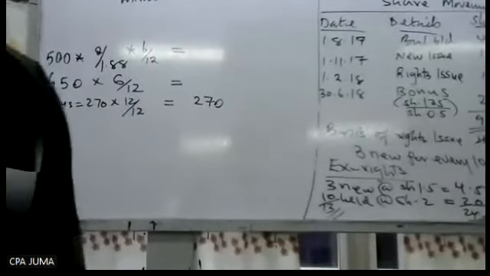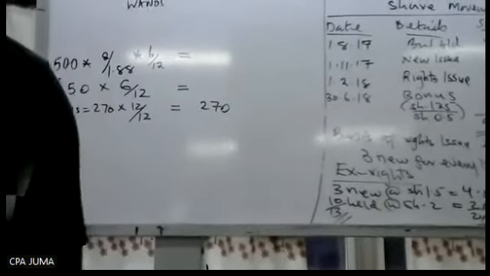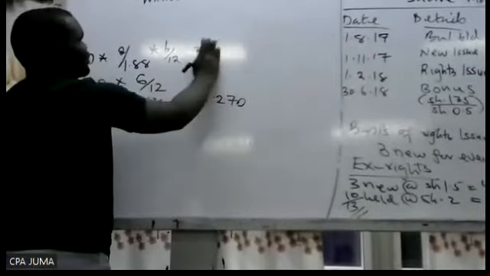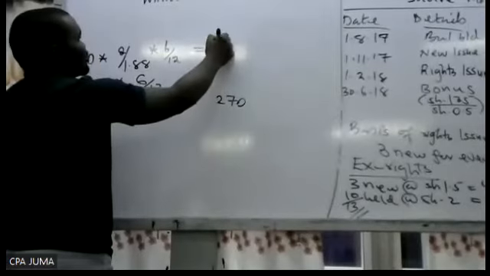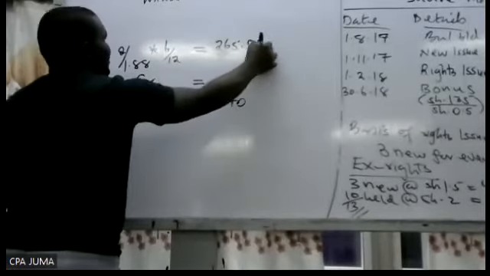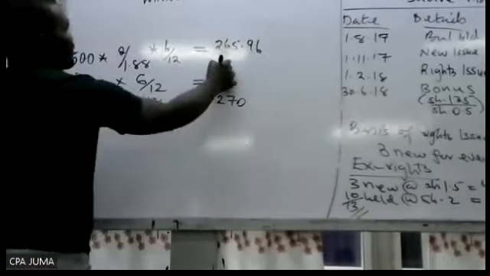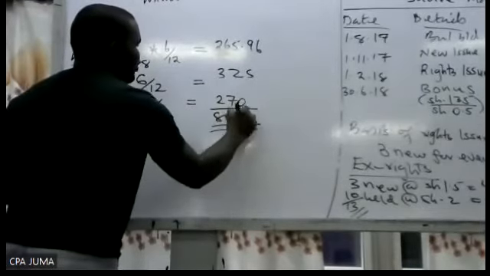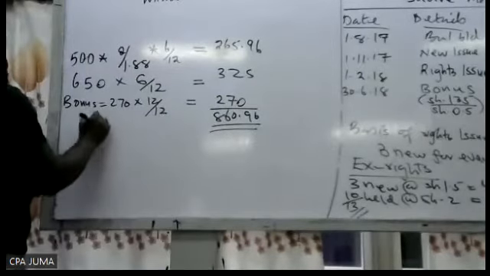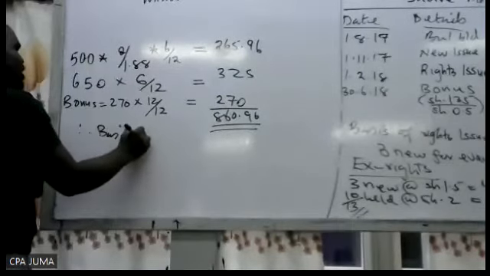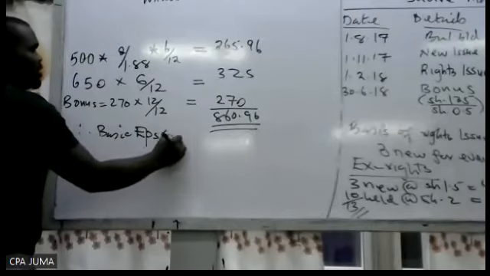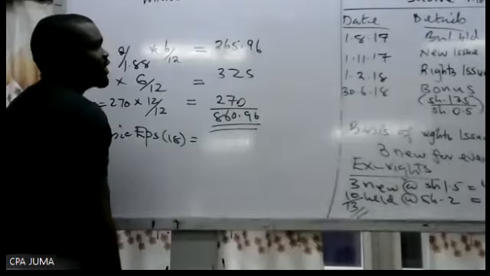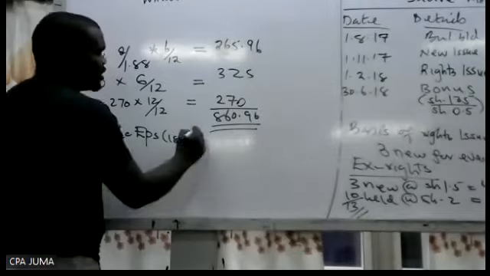So the first one comes to how much? The first weight. 0.96. The second one, total, 860.96. Therefore, basic EPS 2018: profit was 280.